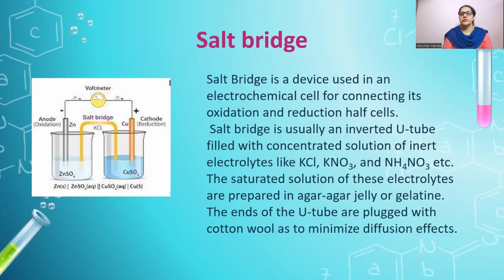Salt bridge is usually an inverted U-tube filled with concentrated solution of inert electrolytes like potassium chloride, potassium nitrate, or ammonium nitrate, etc. The saturated solution of these electrolytes is prepared in agar-agar jelly or gelatin. The ends of the U-tube are plugged with cotton wool so as to minimize diffusion effects.